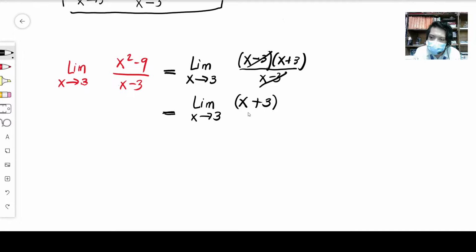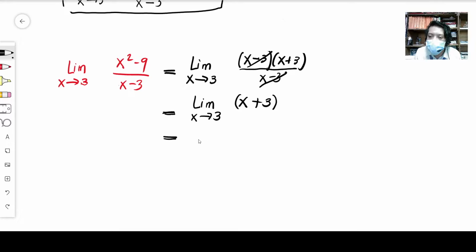So we reduced the rational function into a polynomial function. Rational functions are also algebraic functions, but what we have now is a polynomial function, so you can directly substitute.